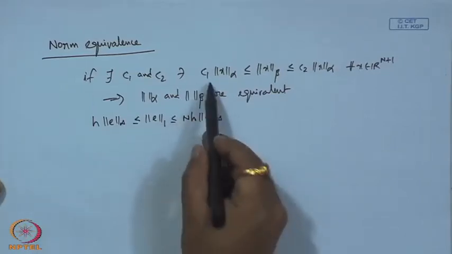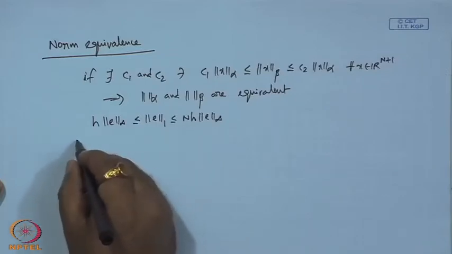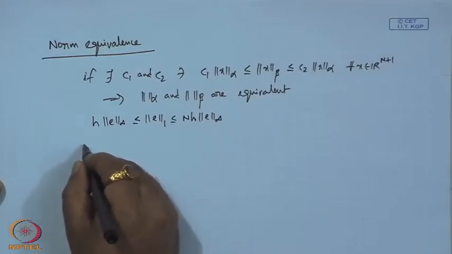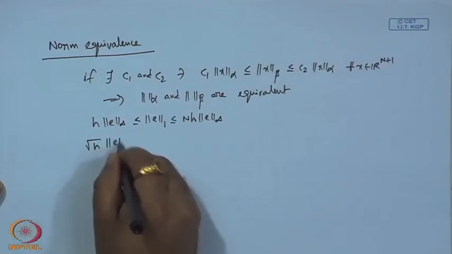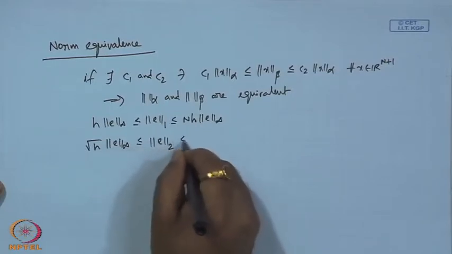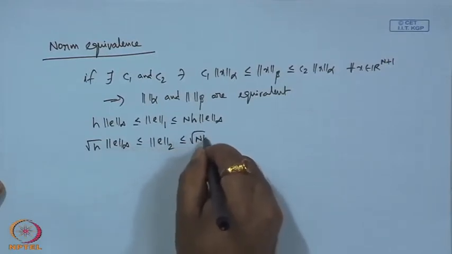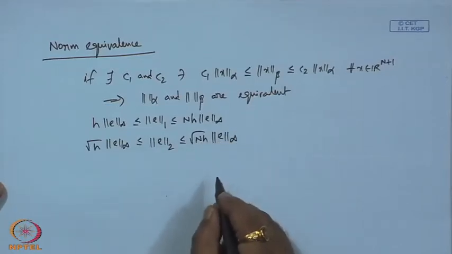So, for example, we take C 1 to be this and C 2 to be this. So, then if somebody concludes, okay.